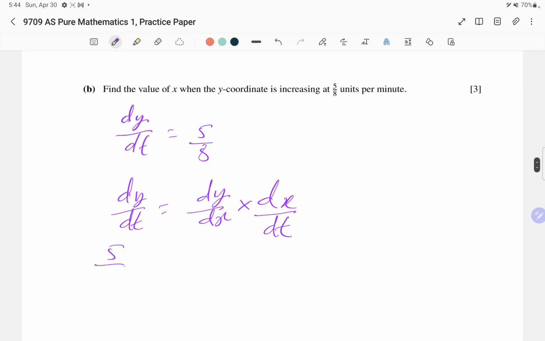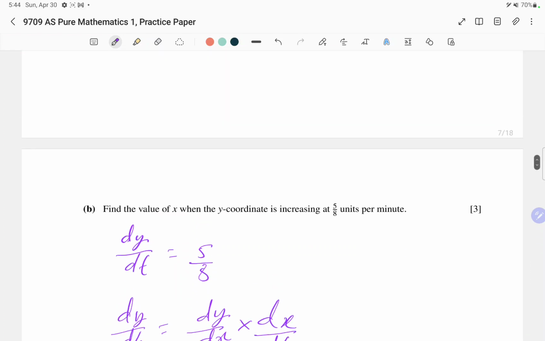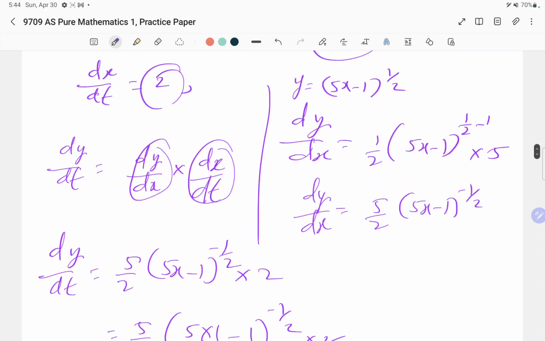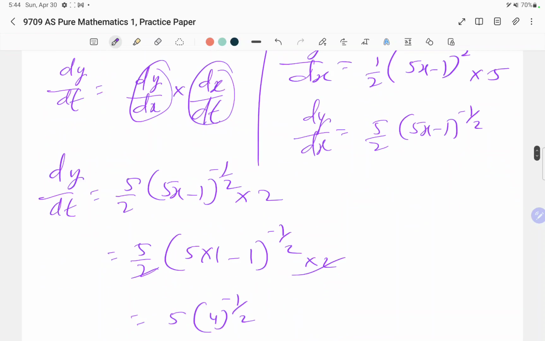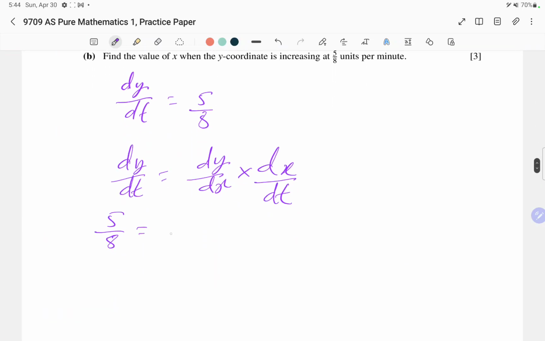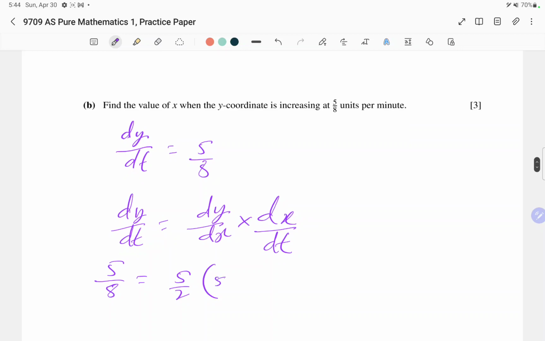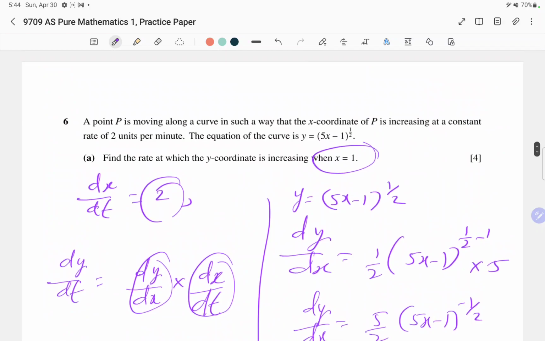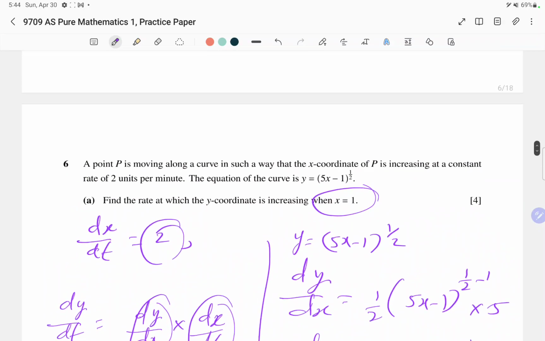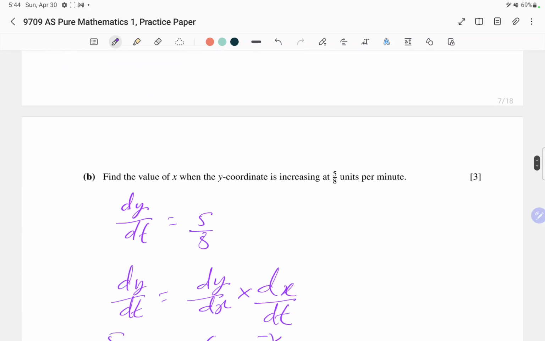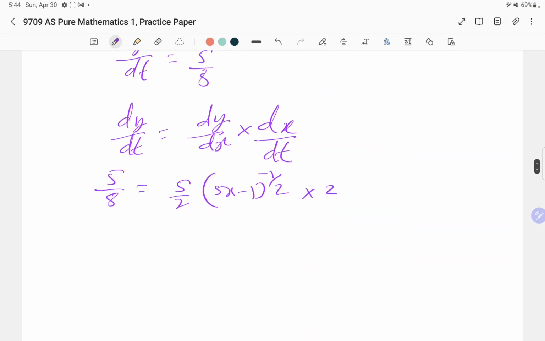So dy over dt is 5 over 8, and dy by dx we already found: 5 by 2, 5x minus 1 to the power minus half. And dx over dt is given in the main question, that is 2. Now we need to solve it. The 2 and 2 we can cancel, and this 5 and 5 we can cancel.